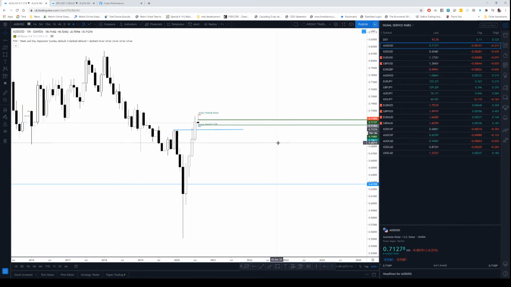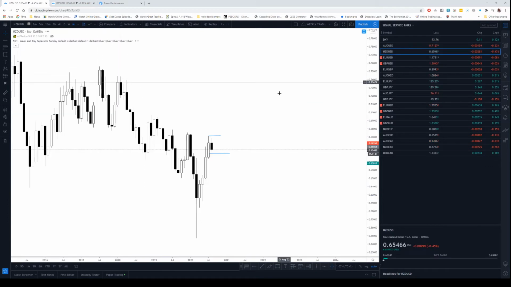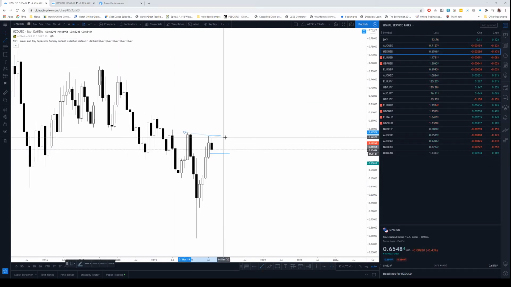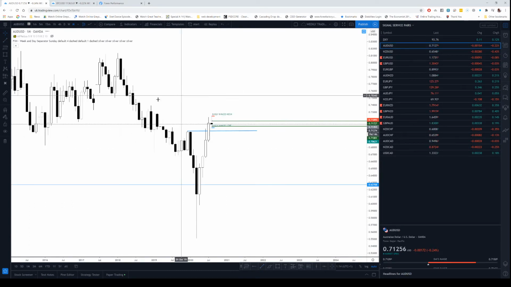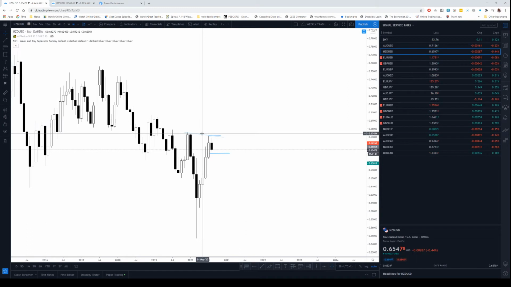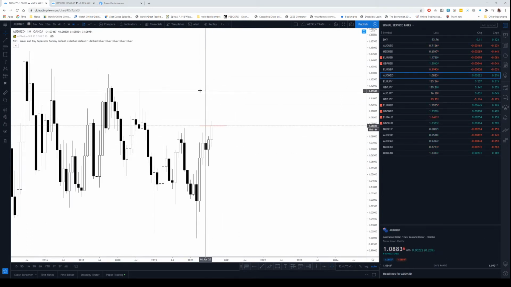It'll give you a clue why that pair should continue going up. This one has made a lower low, and this one has made a higher low. So you can see why Aussie is stronger than New Zealand. So there's a chance that this thing will continue going up.